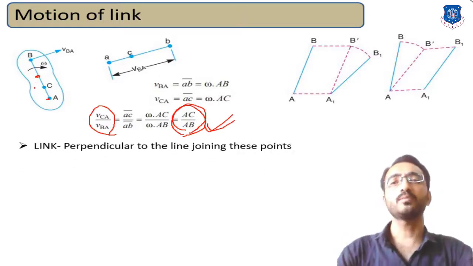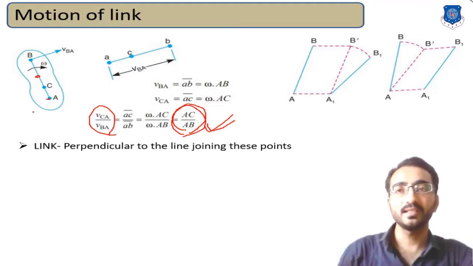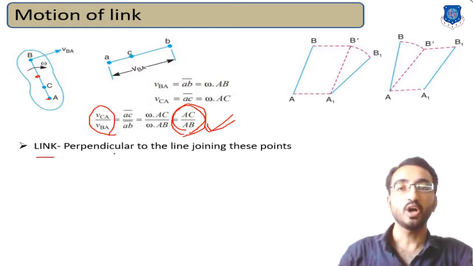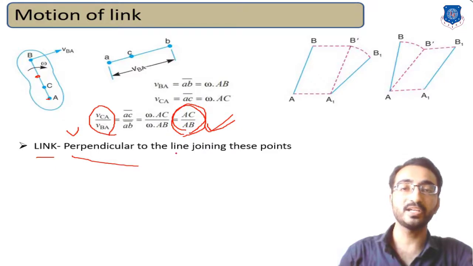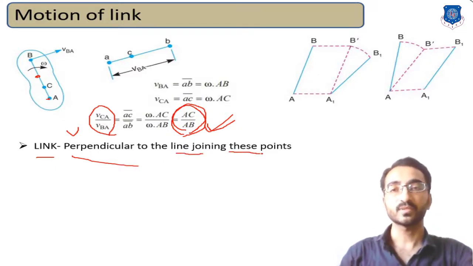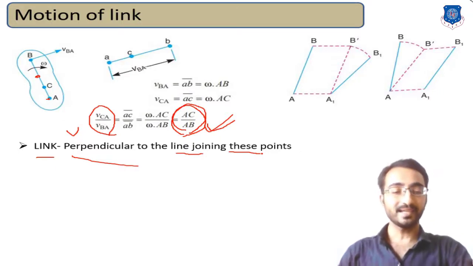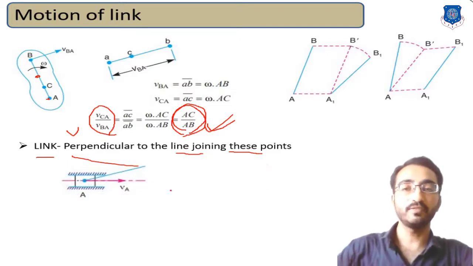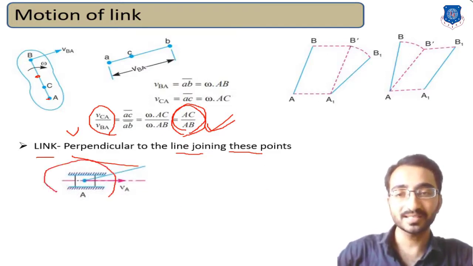From this we can conclude that in case of a rigid link, the direction of velocity is always perpendicular to the line joining these two points. Now the second element we can face after the rigid link is the slider.